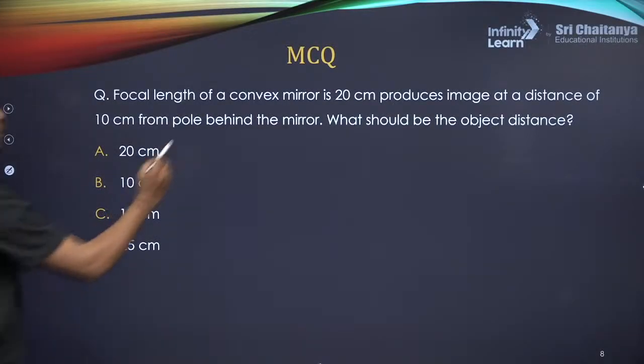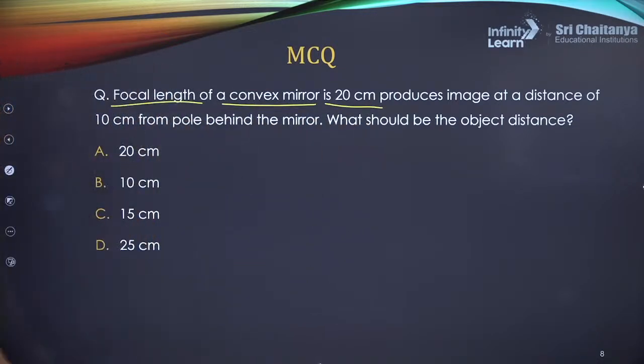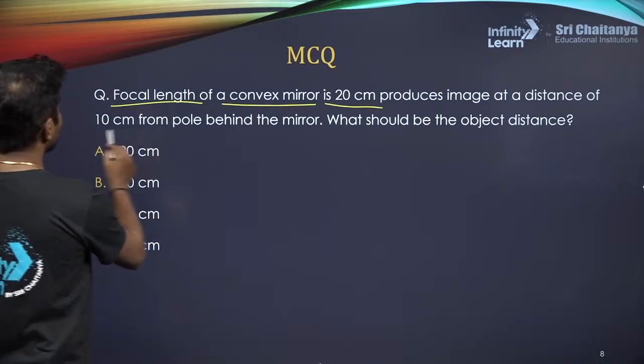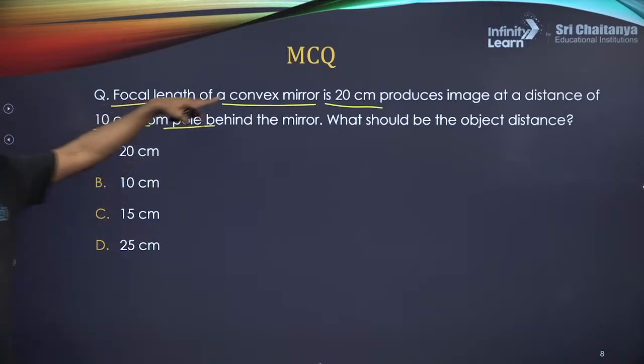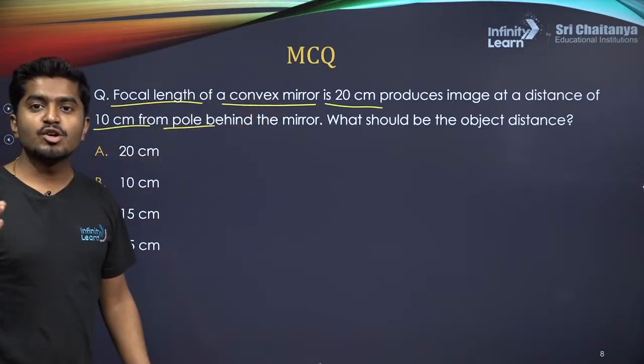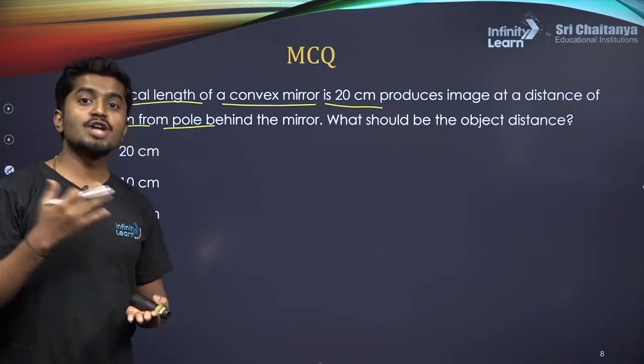Let's solve this question. So we have a convex mirror here and there is a focal length. It produces an image at a distance of 10 cm from the pole. There is a convex mirror. So when you have a convex mirror, does it form a real image or a virtual image?